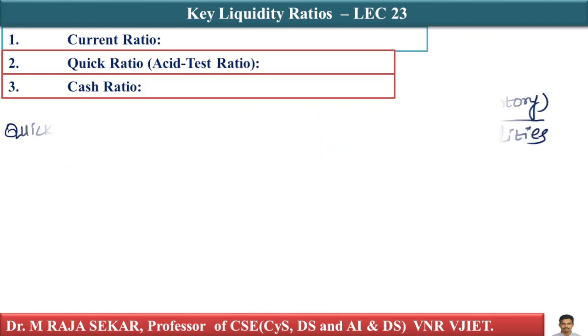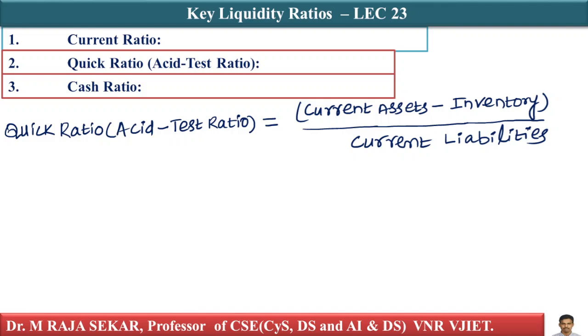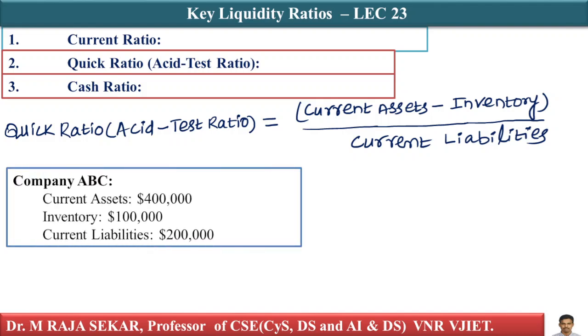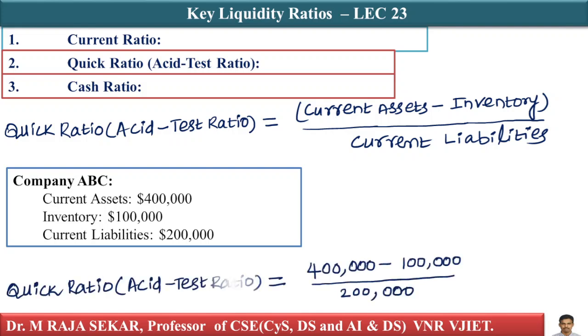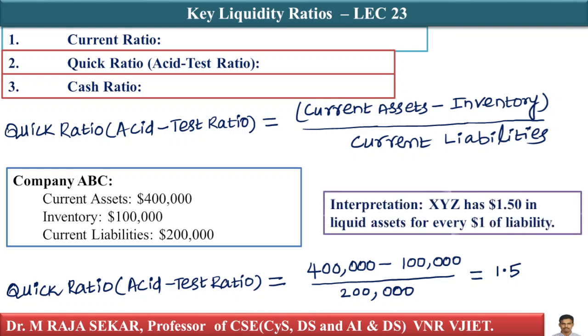In similar manner, quick ratio means acid test ratio. What is its formula? Current assets minus inventory by current liabilities. Let me take one more example. I am assuming current assets this number, inventory is this number, current liability is this number. Substituting this, I am getting 1.5. What is its interpretation? Interpretation is important.